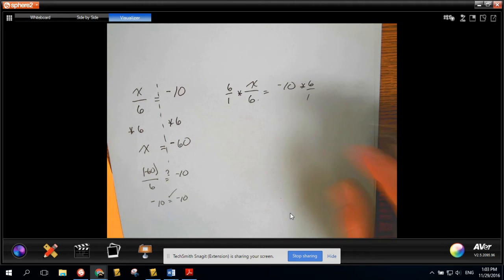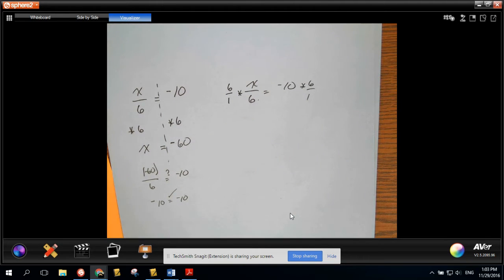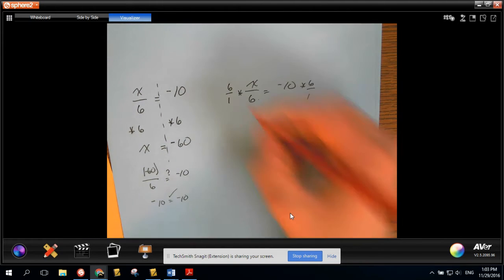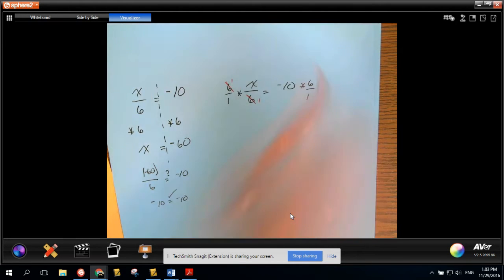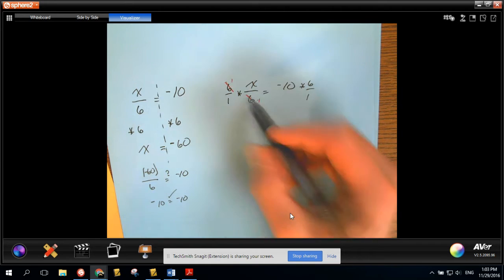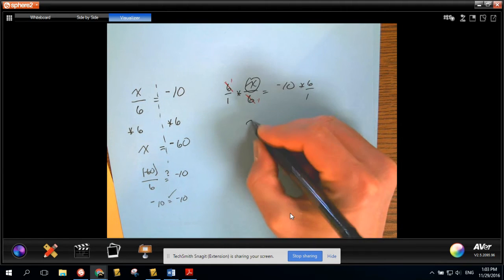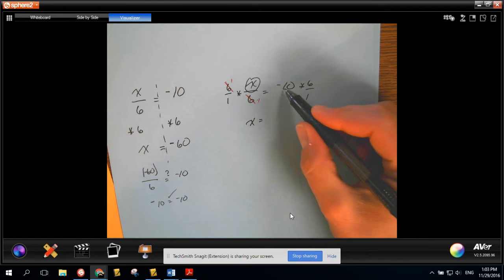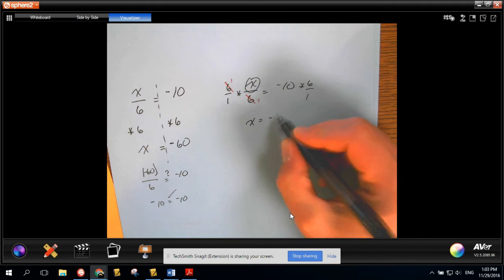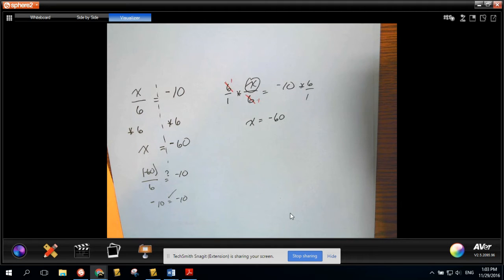Okay, so now using our cross canceling, we can see that the 6 on top and the 6 on the bottom are going to reduce to 1, leaving me with just my x, which is what I wanted. And then a negative 10 times a positive 6 is a negative 60.